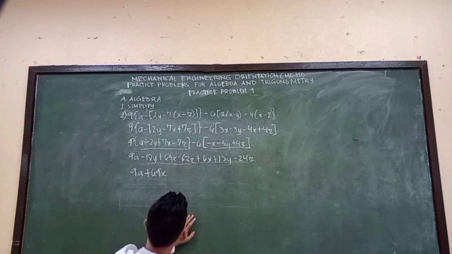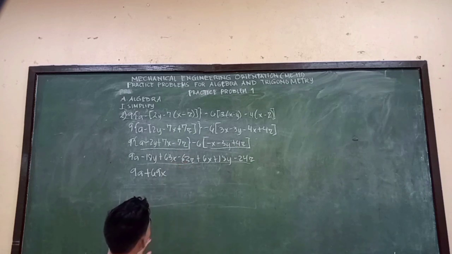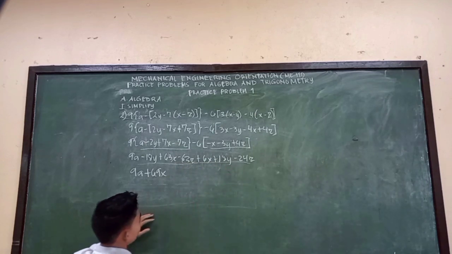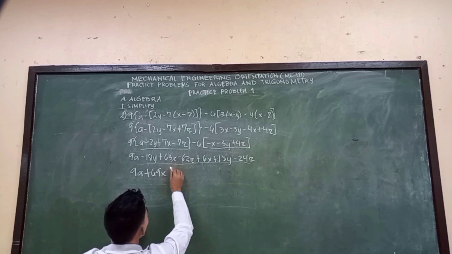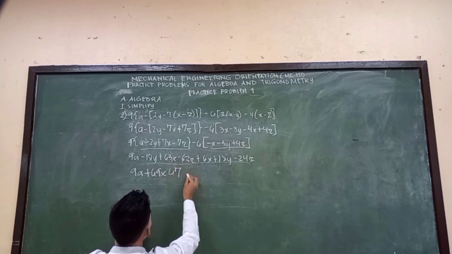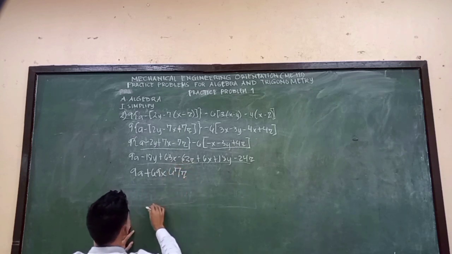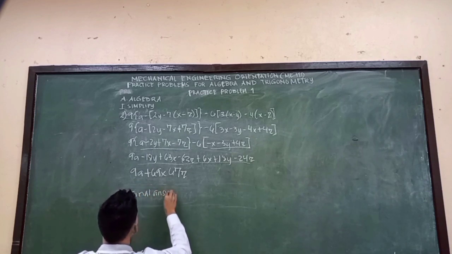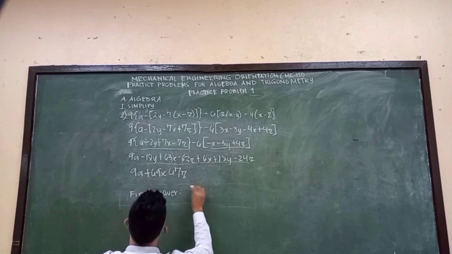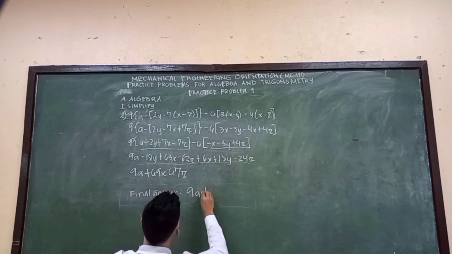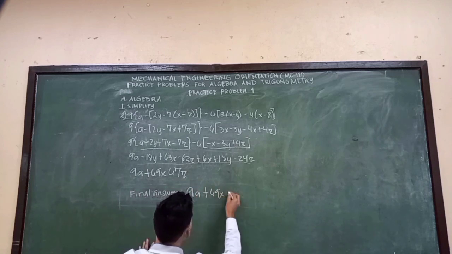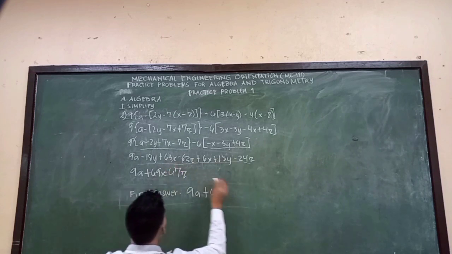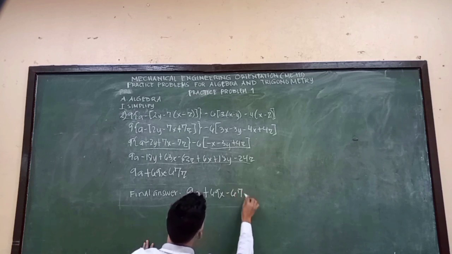Then, negative 36z minus 24z is equal to negative 60z. So our final answer is 9a plus 69x minus 60z.